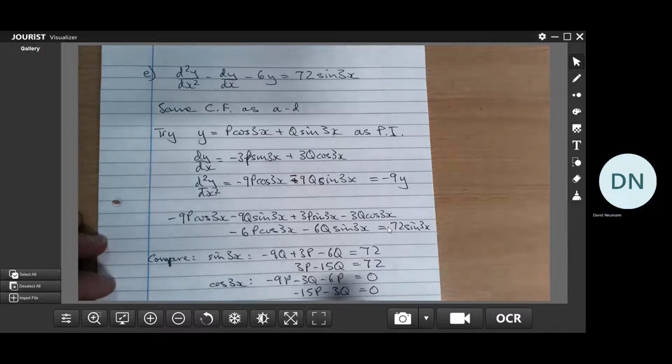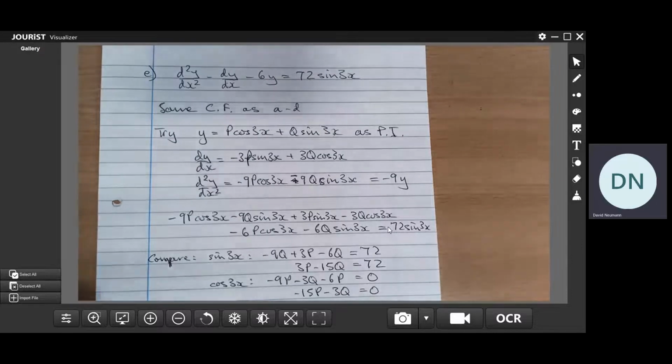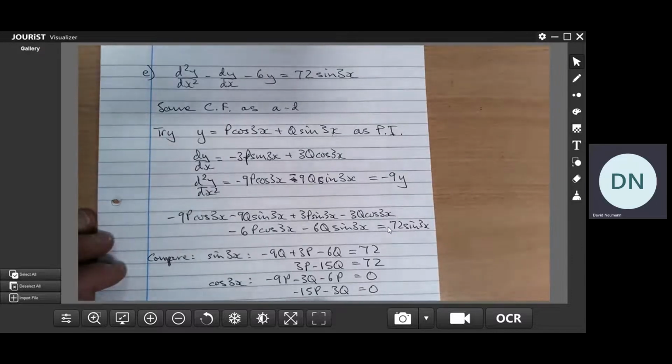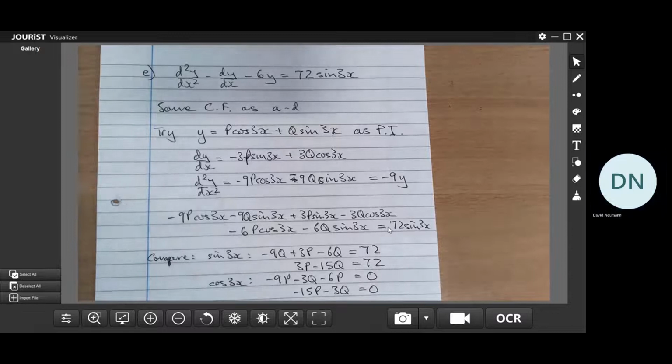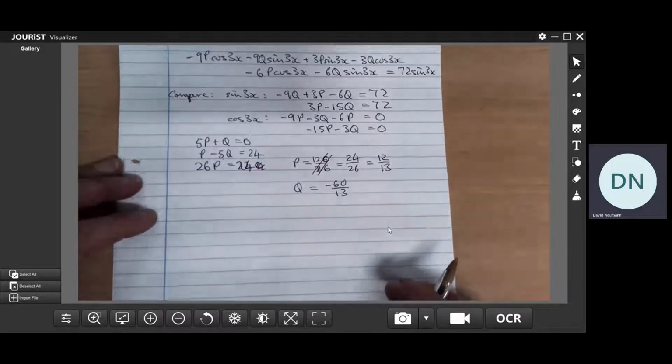So p is equal to 24 over 26, which is 12 over 13. Good, that's what I was expecting. And that gives me q is equal to minus 5p, which is minus 60 over 13.